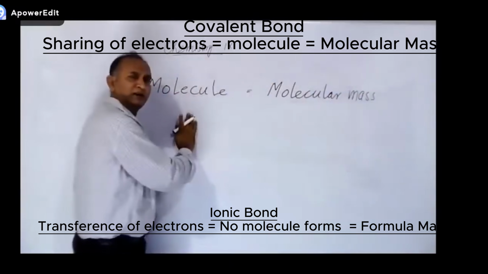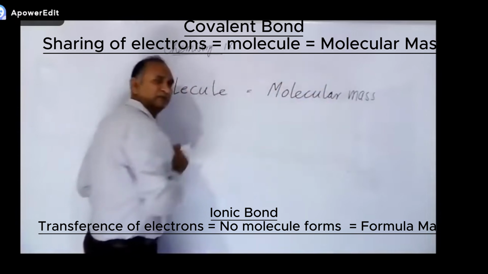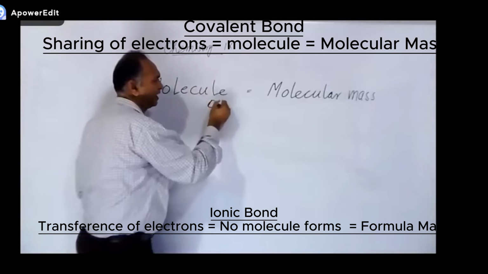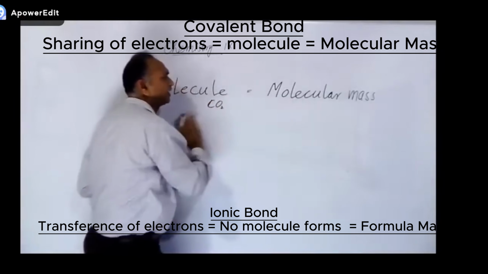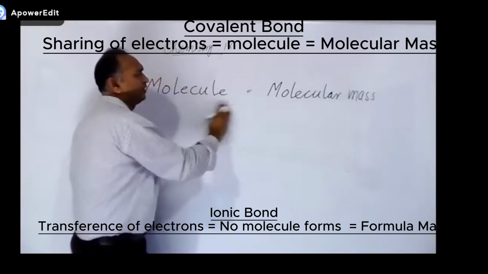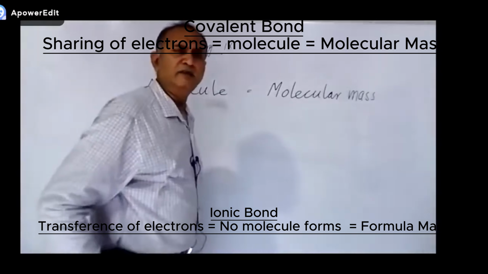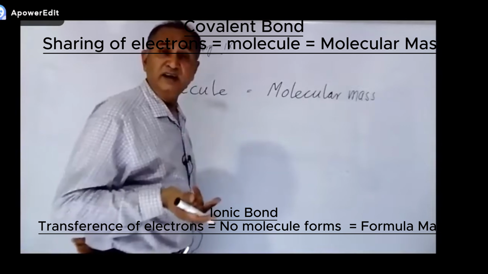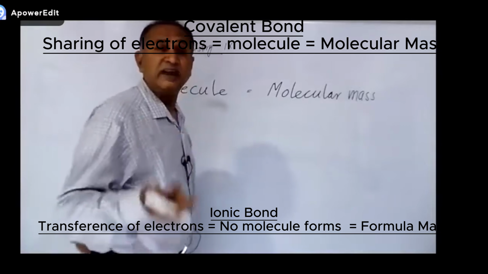Molecule is there, its mass is called molecular mass. Like carbon dioxide, its mass is 44, we can find it out. We have just found the molecular mass. Yesterday we found the molecular mass of glucose, it's 180. The molecular mass of sulfuric acid, 98.